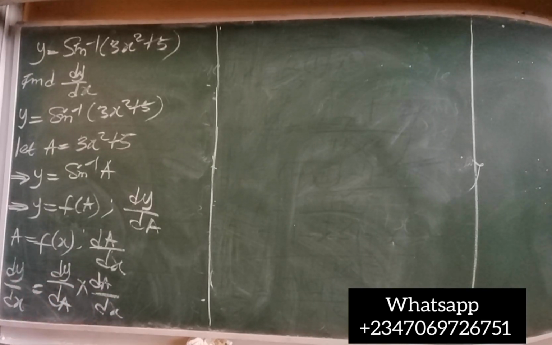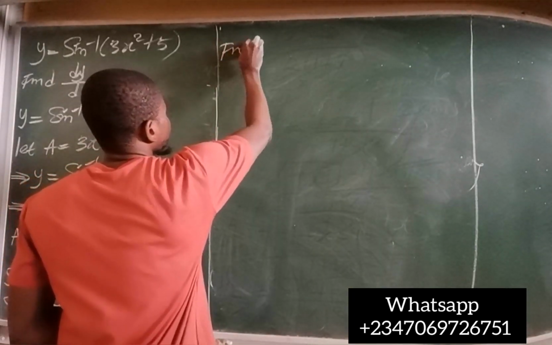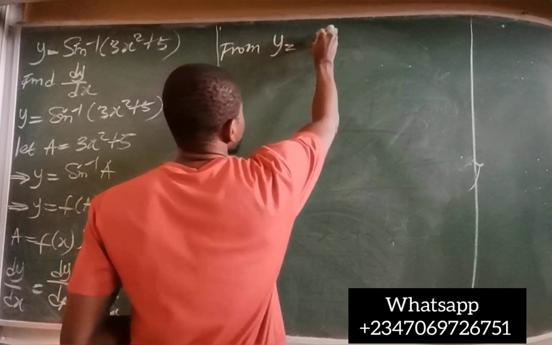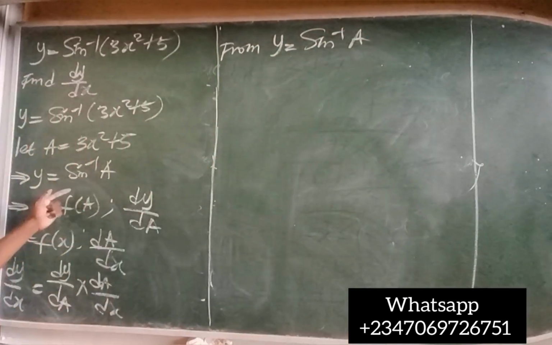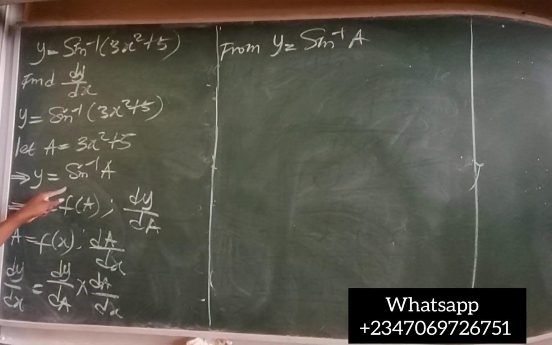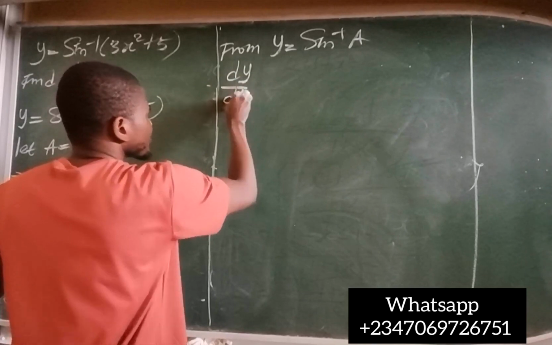So from here, the da can cancel the da, and we're left with dy dx. All I need to do now is find dy da, and also find da dx. Let's do that now and see. From y equals sine inverse of a, like I said, I can only differentiate y with respect to a.